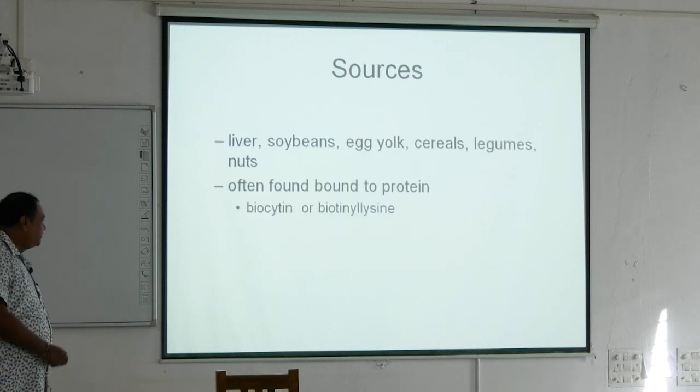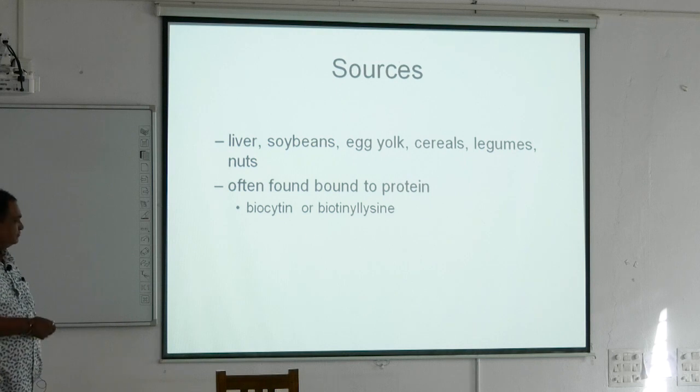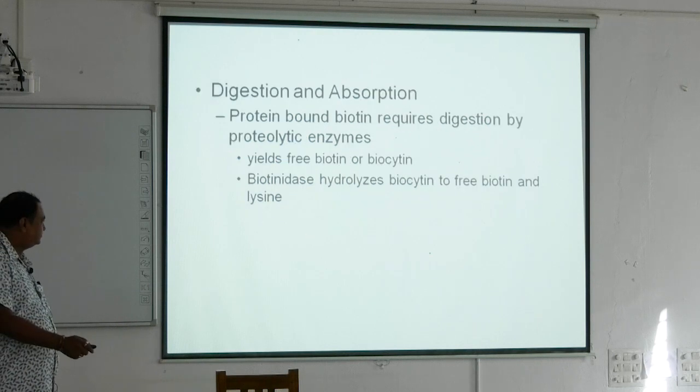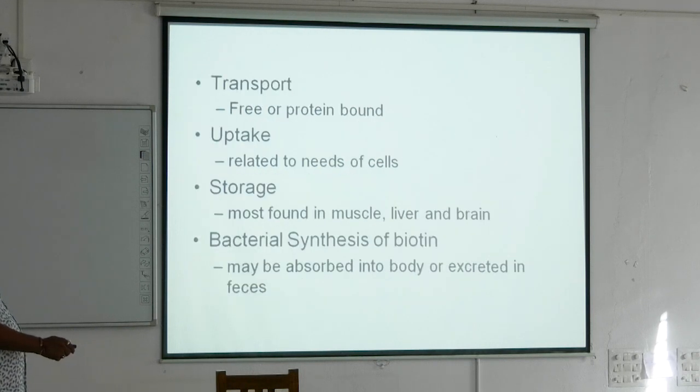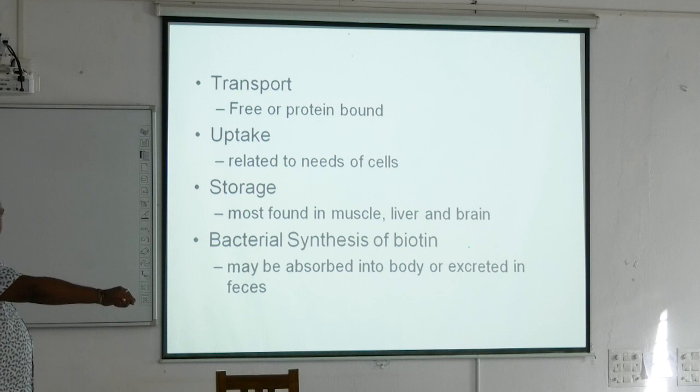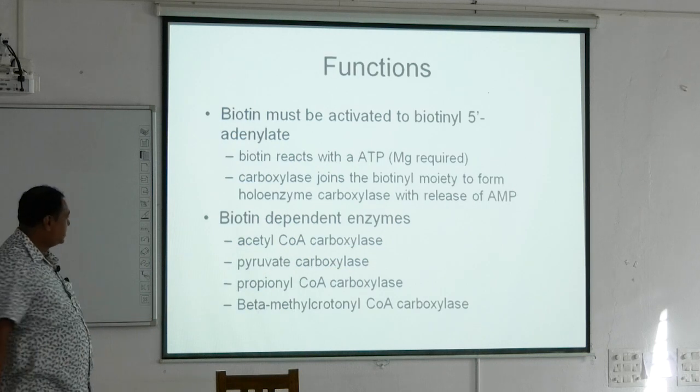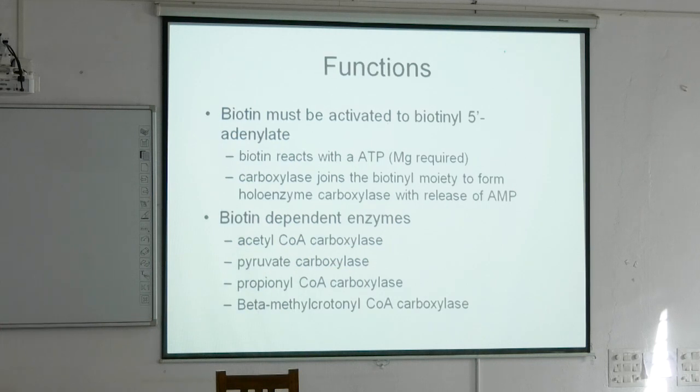Now this is available in the form of biocytin or biotinyl lysine. It has got a very big chemistry background. Anyway, digestion, absorption, transport, storage, uptake are not required. Functions: try to remember the enzymes.